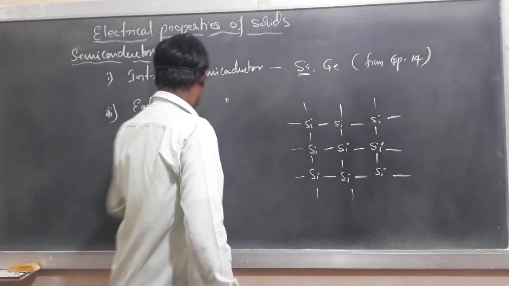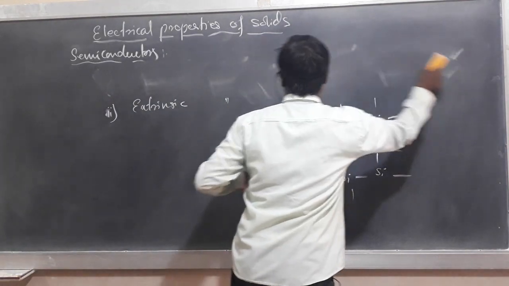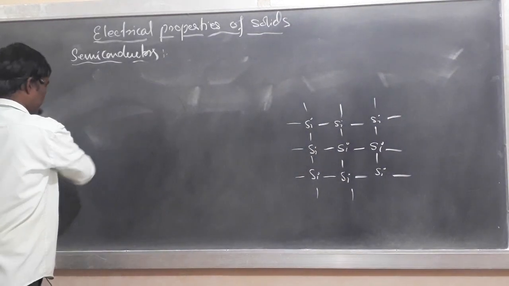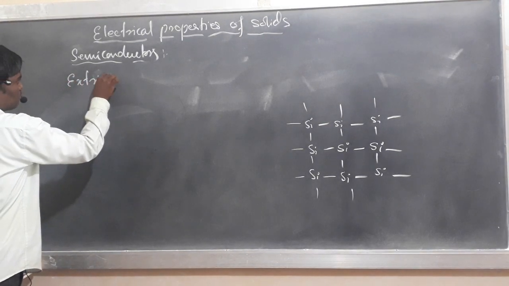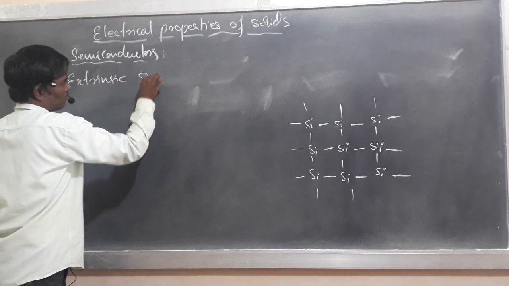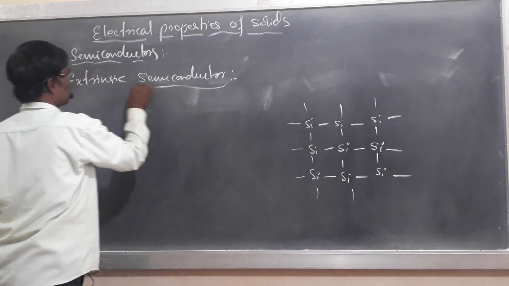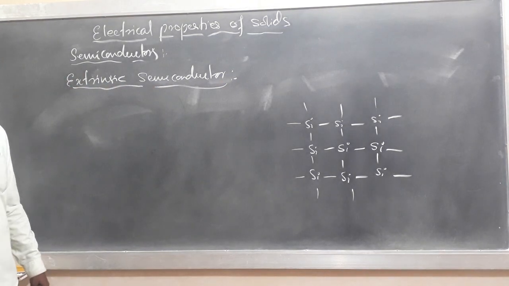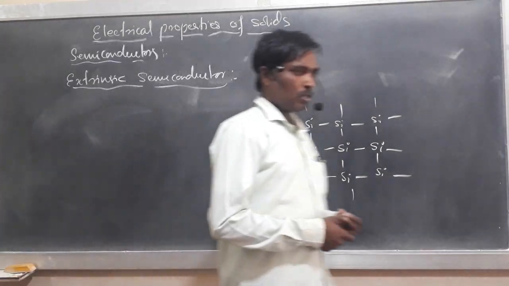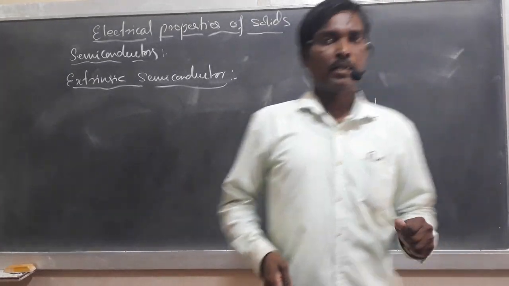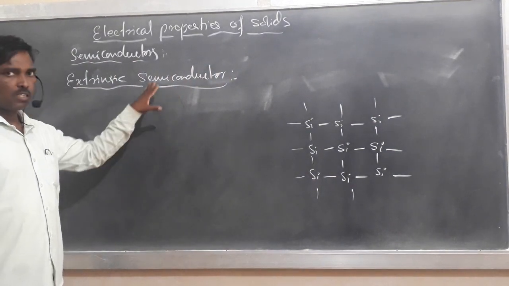Extrinsic semiconductors are prepared by doping, where dopants are added. Dopants are the impurities.